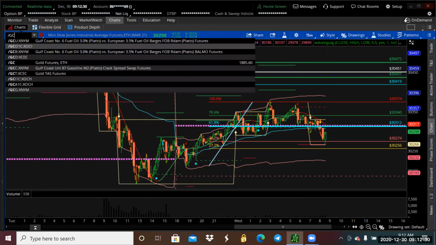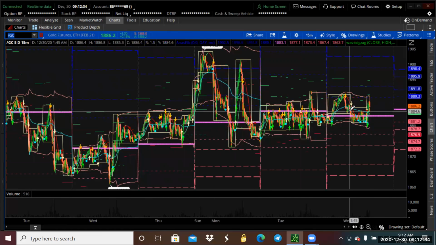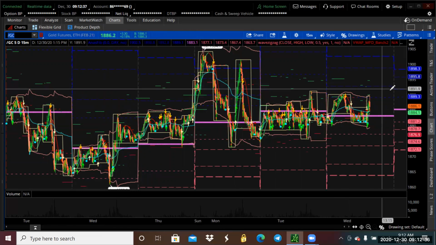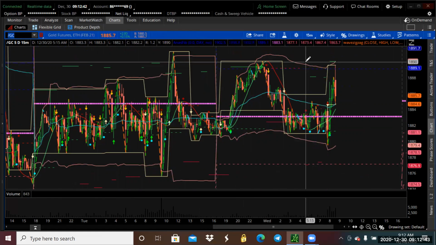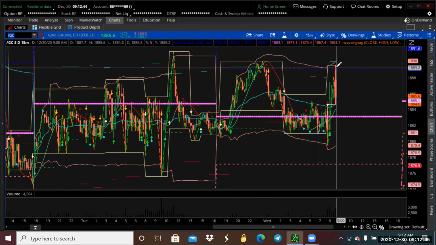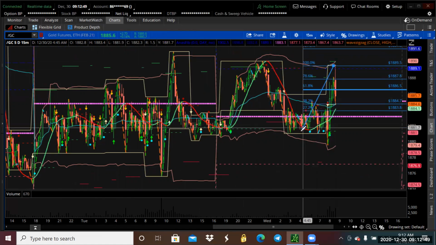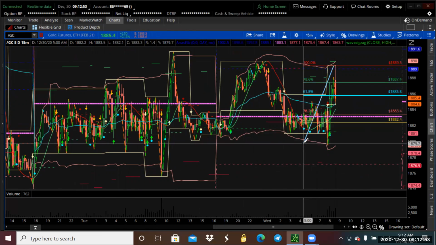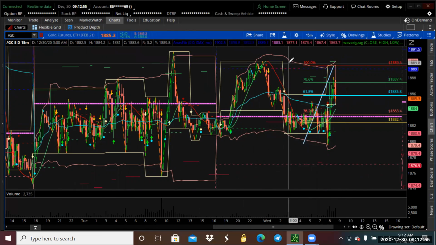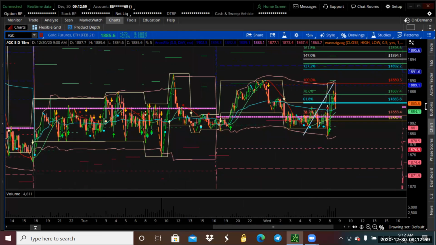Let's go to GC and see what it's doing. This has been sideways for a couple of days now, so it's confused on what it wants to do really. Right now it's actually here. If I measure the low to high on here, this one went higher, reached the high and then bounced back again. I don't know if it's going to just go sideways for a couple of days.